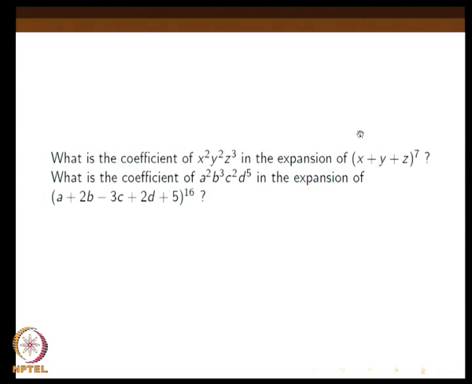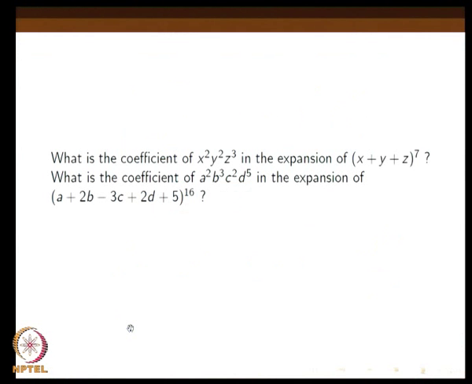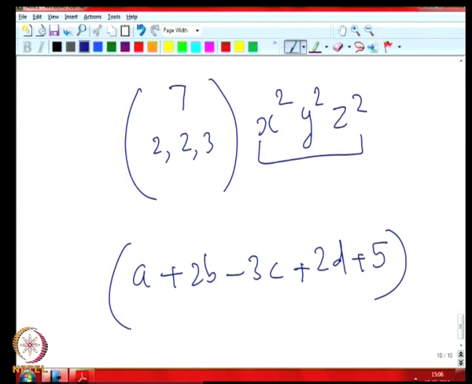Now another problem: a plus 2b minus 3c plus 2d plus 5 raised to 16.